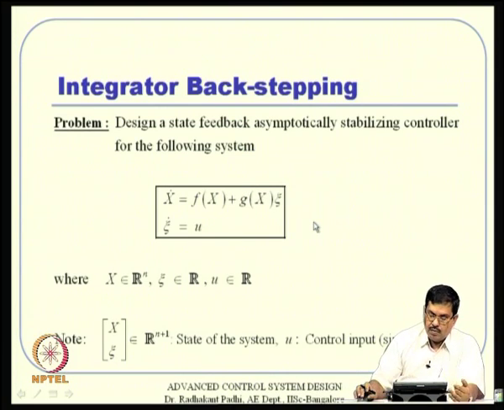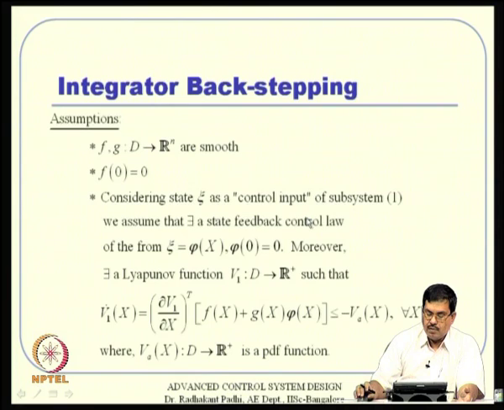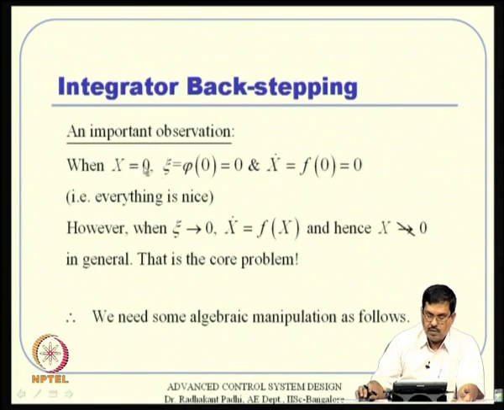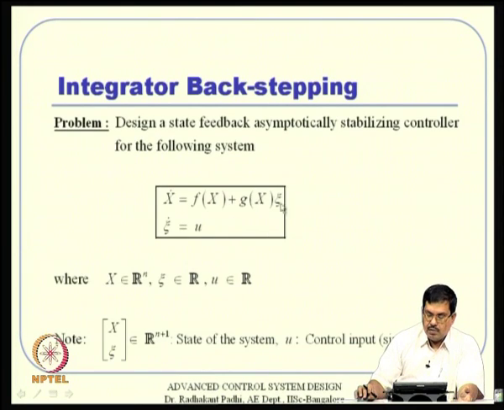But then the problem happens the other way around. When x goes to 0, not a big problem, but what if this xi goes to 0? When xi goes to 0, the first part of the system dynamics becomes almost homogeneous dynamics. Xi can go to 0, so this part is not there, but x dot is f of x, and that system has no guarantee that x will go to 0, since it is homogeneous dynamics.